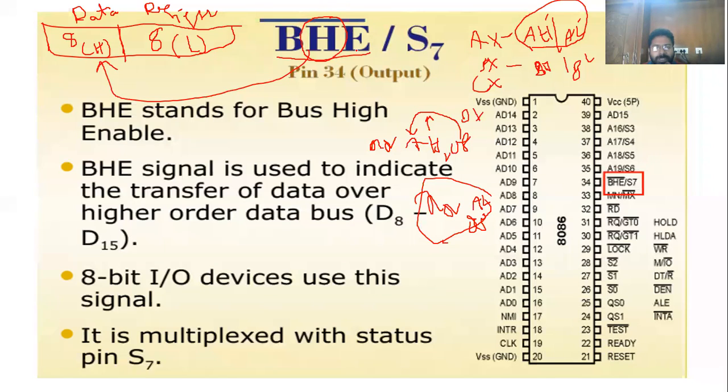On that time you can use bus high enable. Whenever a signal has a bar, it works as negative logic: 0 is for on, 1 is for off.